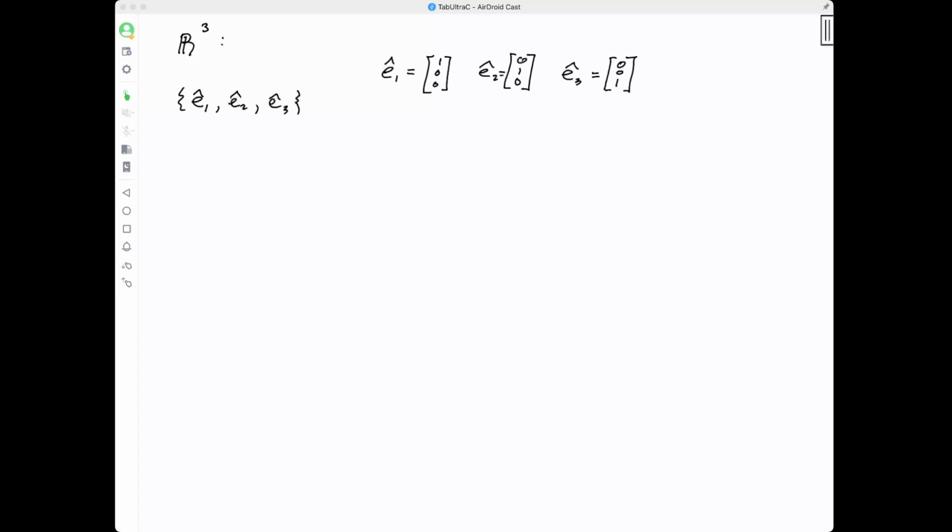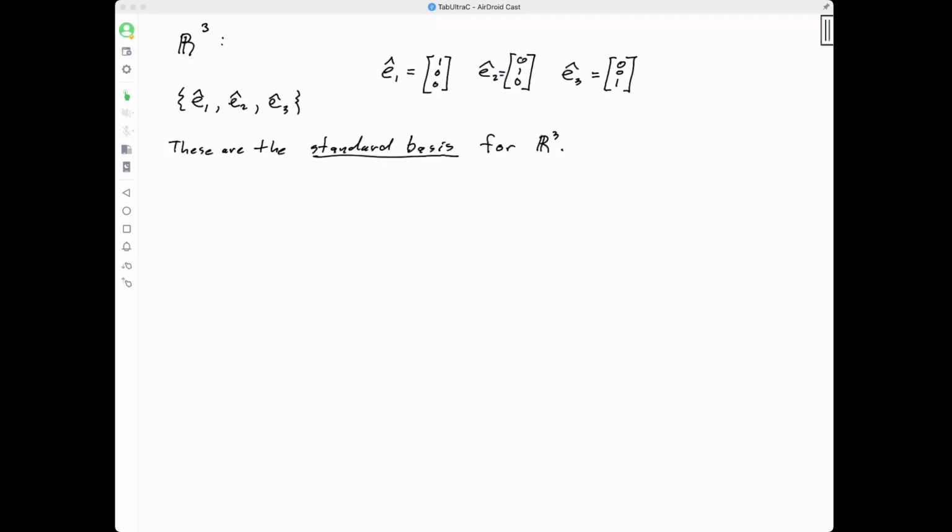E1, E2, and E3 are called the standard basis for R3.